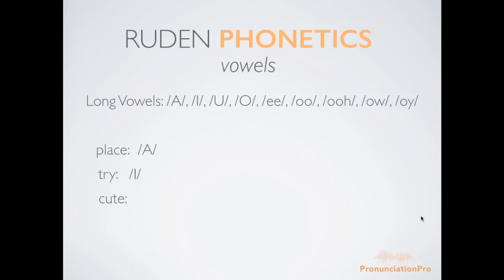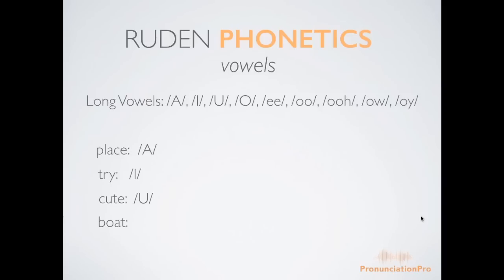How about this one? Cute. I kind of gave you the clue before because I used this as an example. Good. It's that long U sound. All right, next one.